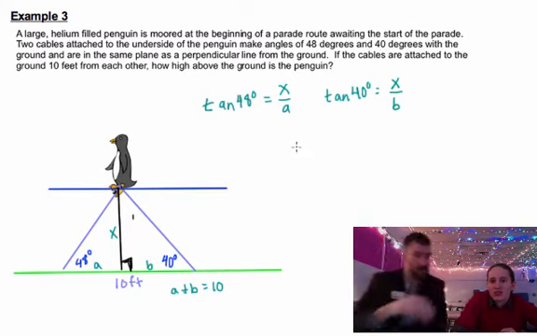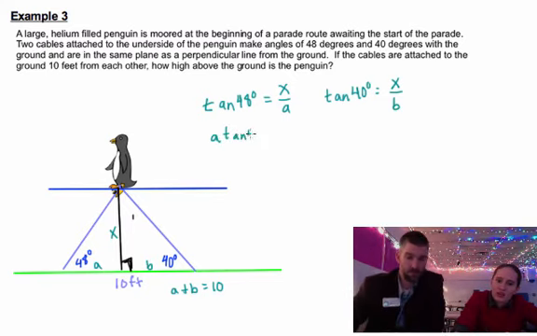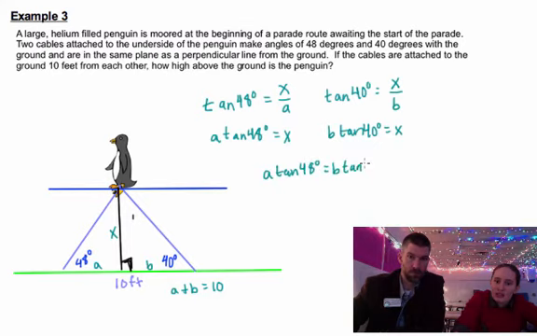So could we solve for x and set equal? A tangent 48 degrees equals x, B tangent 40 degrees equals x. So we set them equal to each other: A tangent 48 equals B tangent 40.